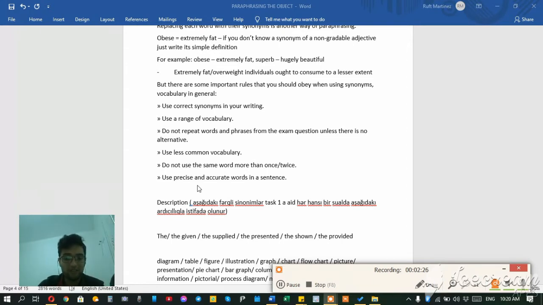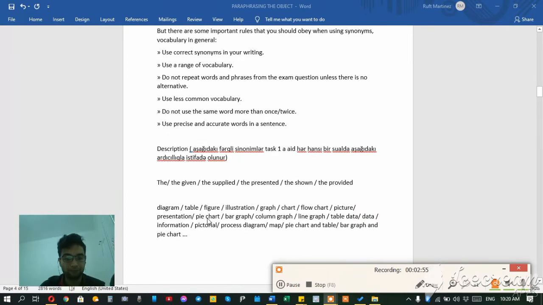Use less common vocabulary, but don't find words that are taken from the book of Shakespeare. Write something that is not generally common, but also a good word as per the formality.